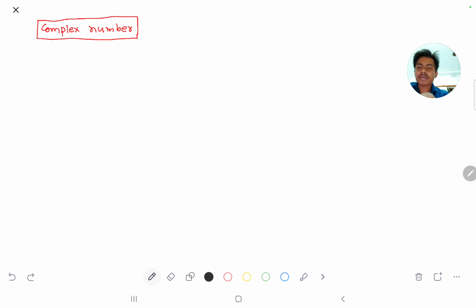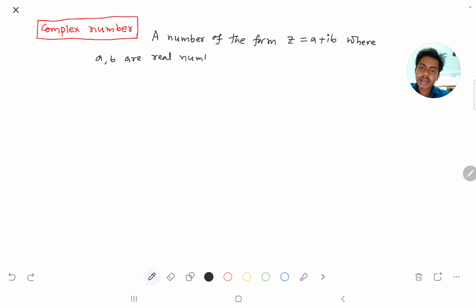A number of the form z equals a plus ib, where a and b are real numbers and i equals the square root of -1, is called a complex number.